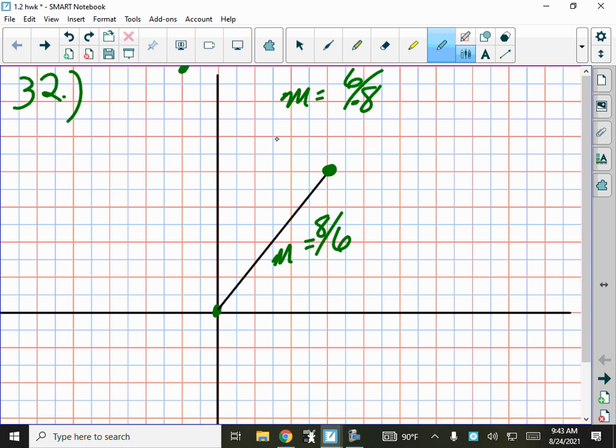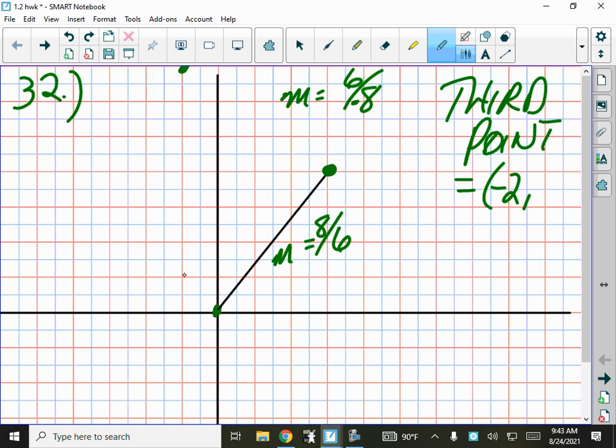So my third point is what? 2 to the left, so negative 2, and then 2, 4, 6, 8, 10, 12, 14. Is that right? Did I count right? It doesn't look like 14, does it? 2, 4, 6, 8, 10, 12, 14. Up. Okay. Do you get that?